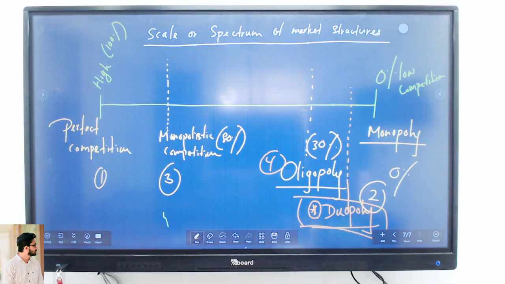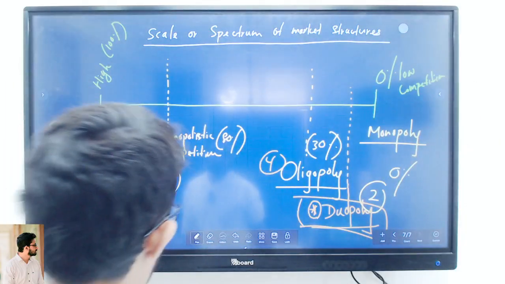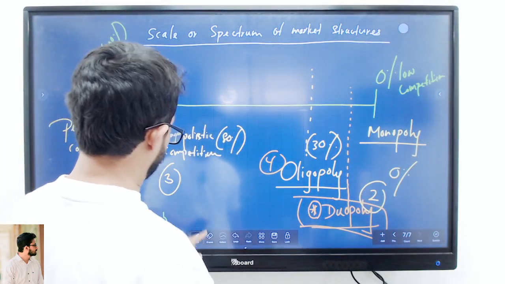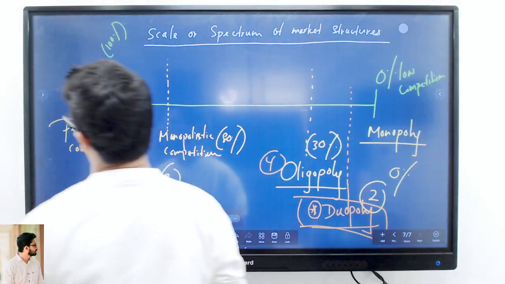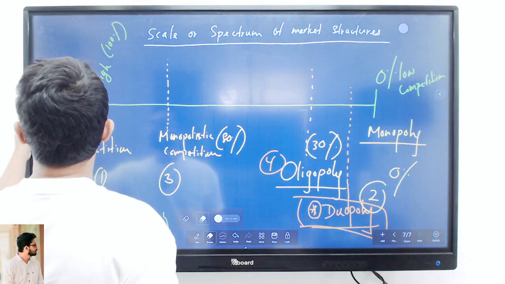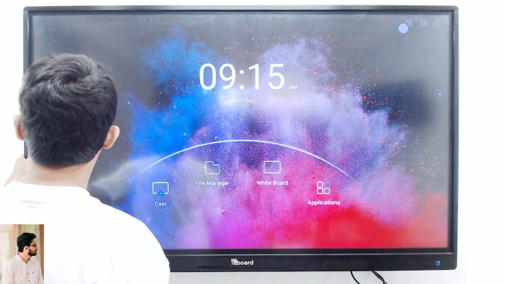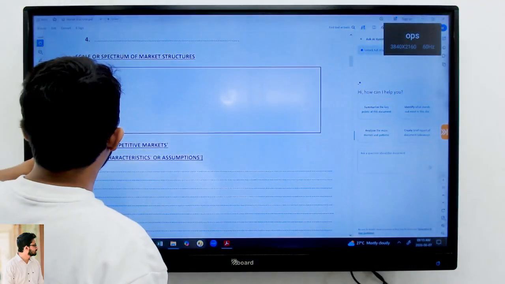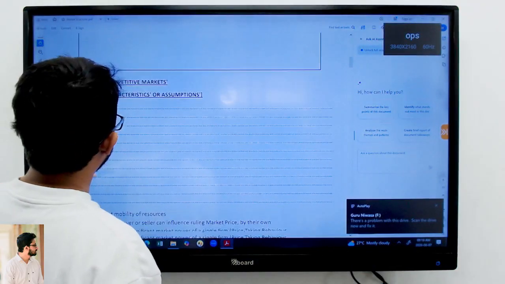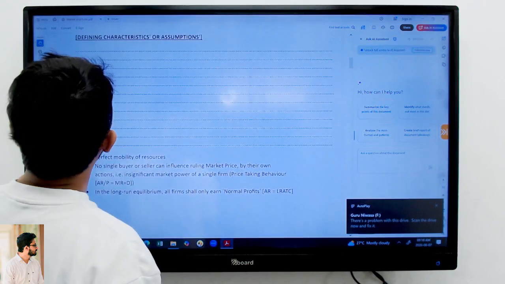Right. Market structures. Then we have to discuss these market structures one by one. Perfectly competitive market.